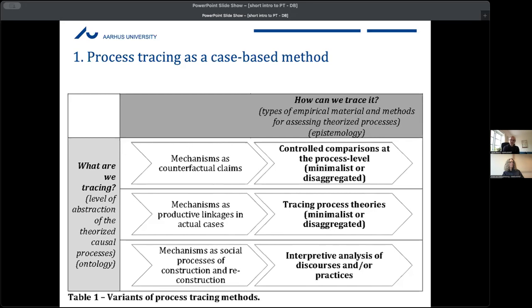There's nothing inherent in process tracing that means you can't use large-N statistical methods for analyzing, for example, networks.